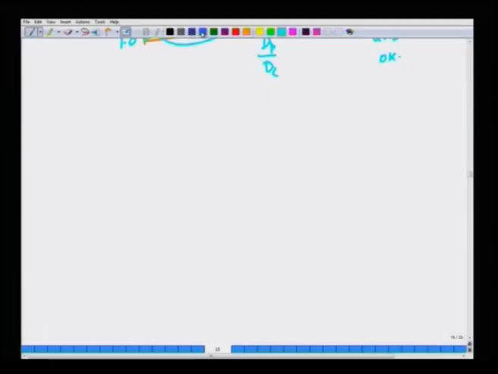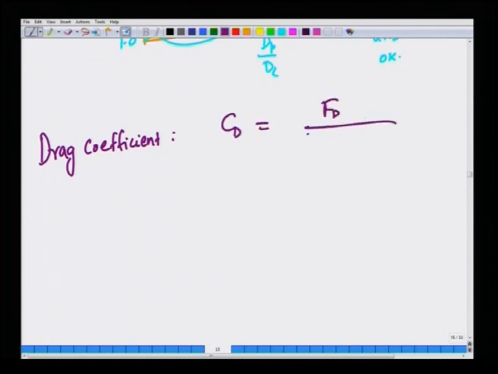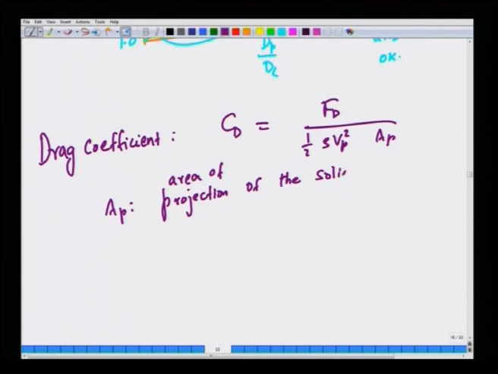So, a general definition of drag coefficient is simply CD is the drag force divided by half rho Vp squared times AP, where AP is the area of projection of the solid object on a plane normal to the direction of flow.